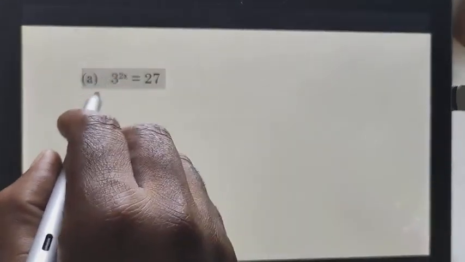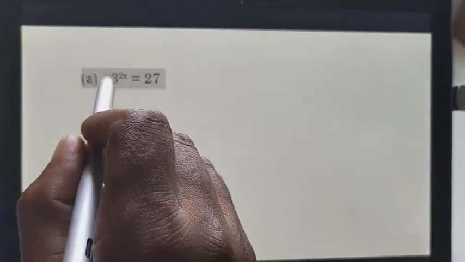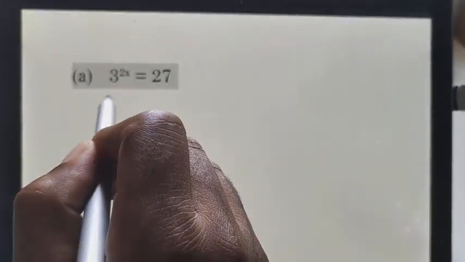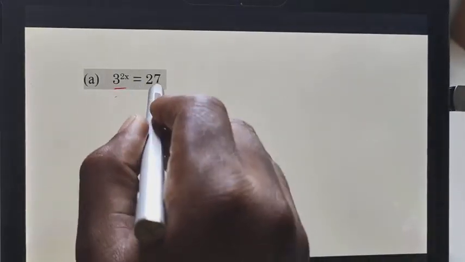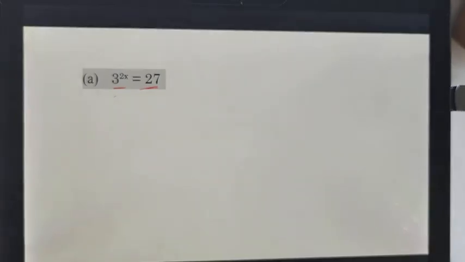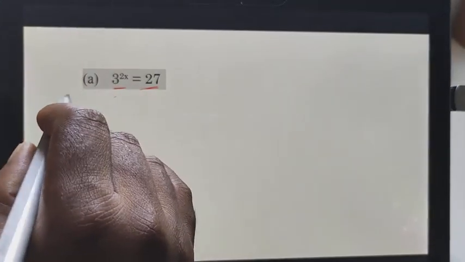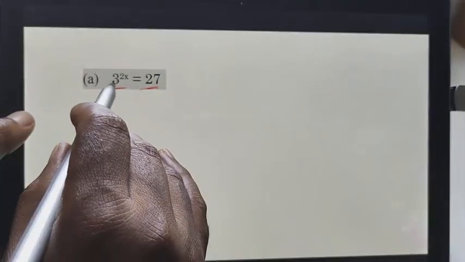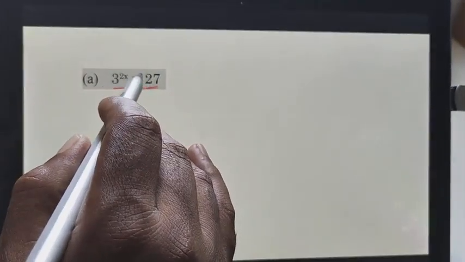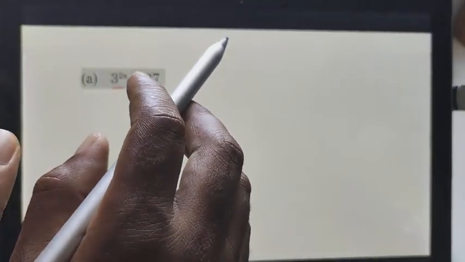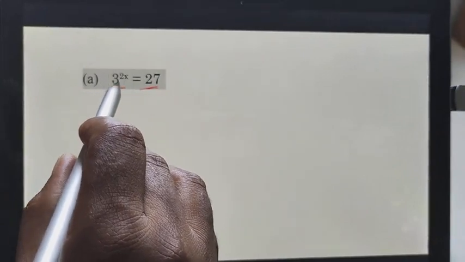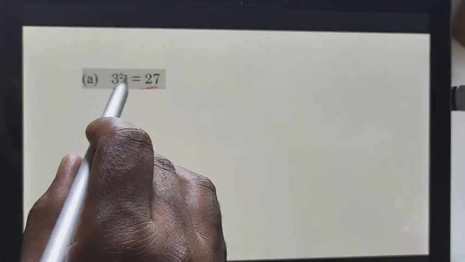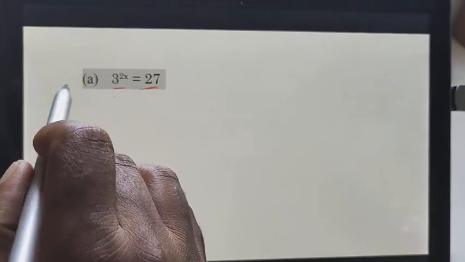We have this one as our equation, and this is our left hand side of this equation, and that is our right hand side. So the first rule is to express the left hand side and the right hand side bases to be the same. Since this one is the lowest, we are going to make that one base 3.